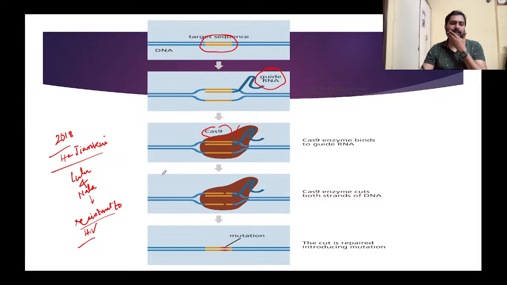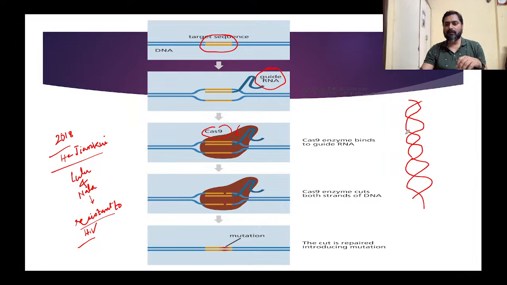In 2018, He Jiankai produced Lulu and Nana. Essentially, he removed a particular gene from the embryos of these two babies. Let us say this is the DNA. He removed one gene, the CCR5 gene. Let us say this is the functional part of the gene, and this is your CCR5 gene.